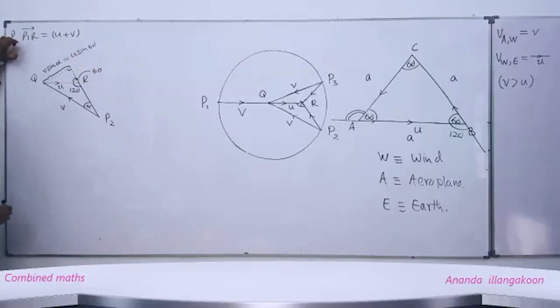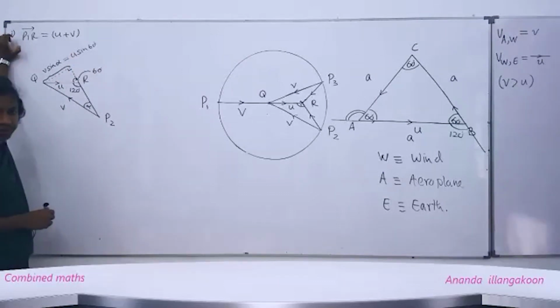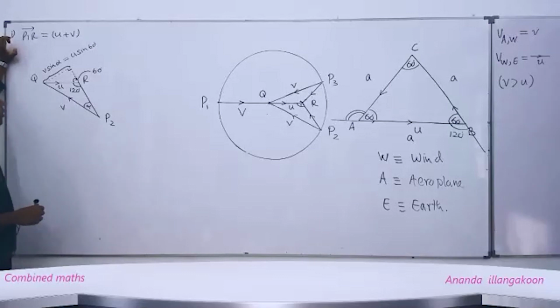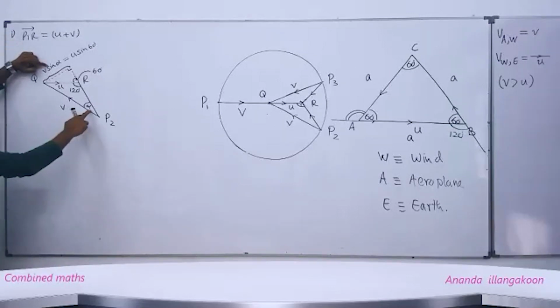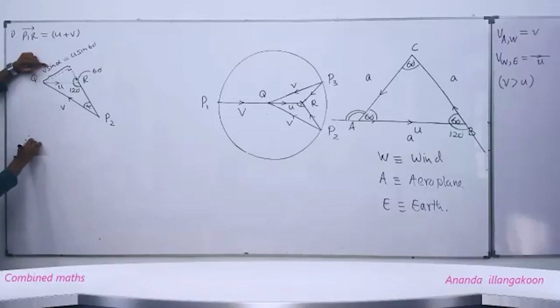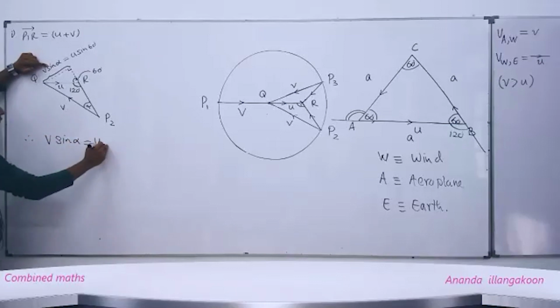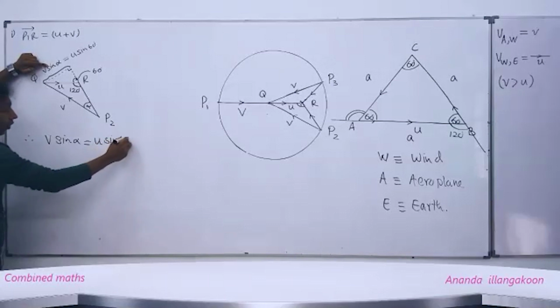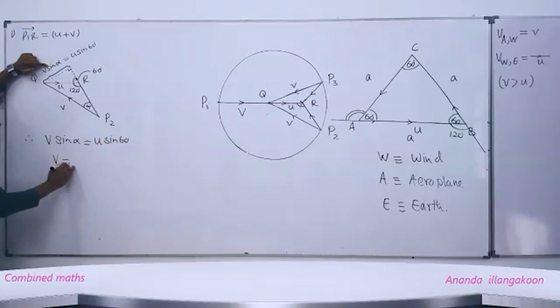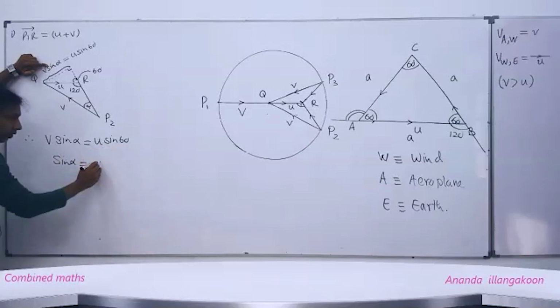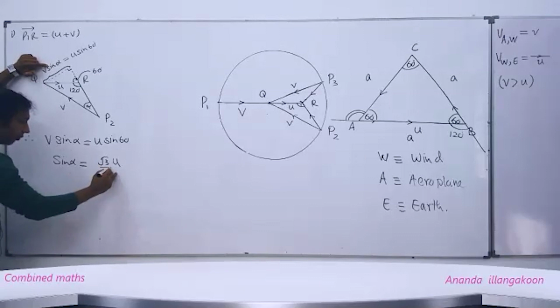Understood? U sine 60. Right? Then you can make sine alpha the subject. Therefore, you can write V sine alpha equals U sine 60. V sine alpha here, people, we can divide by V. Sine 60 is root 3 by 2, no? Root 3 by 2. This is U. This V comes here.